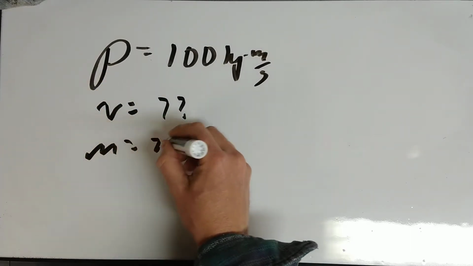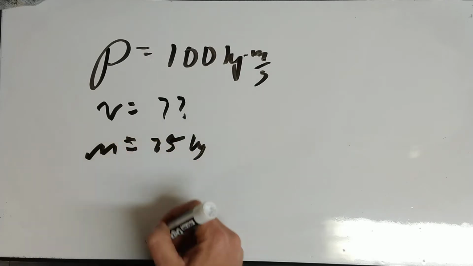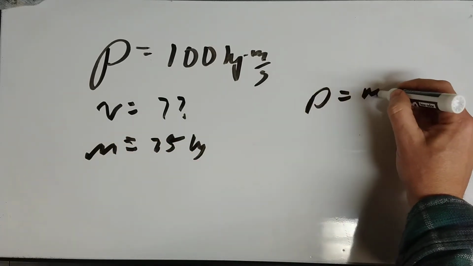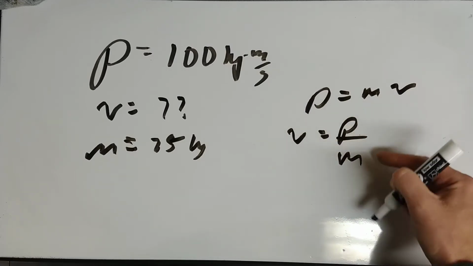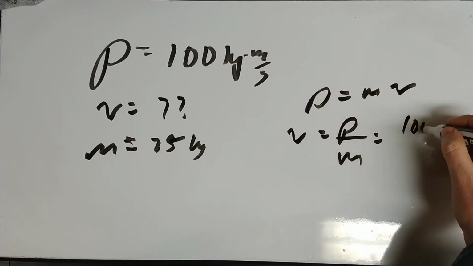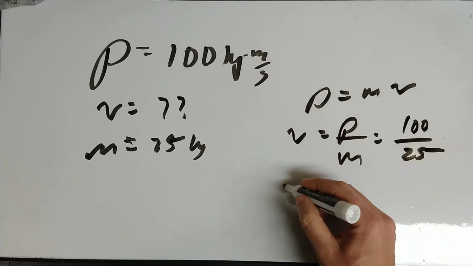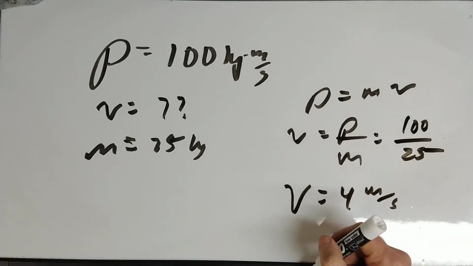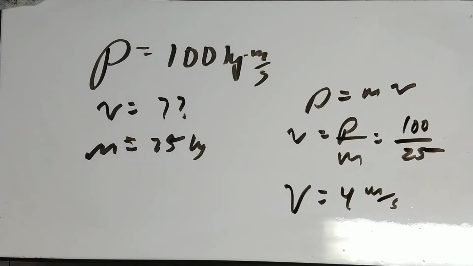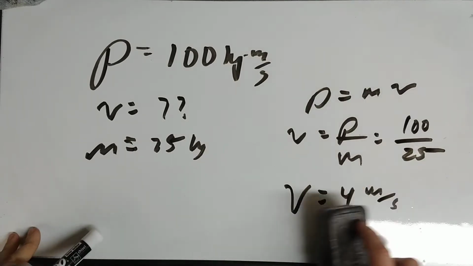The mass is 25 kilograms. All right, so p equals mv, or v would be p over m, momentum over the mass. So 100 divided by 25 is 4 meters per second. Everybody got that one right. Very good job. Okay? 4 meters per second.